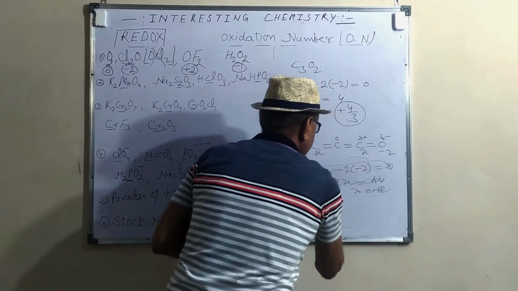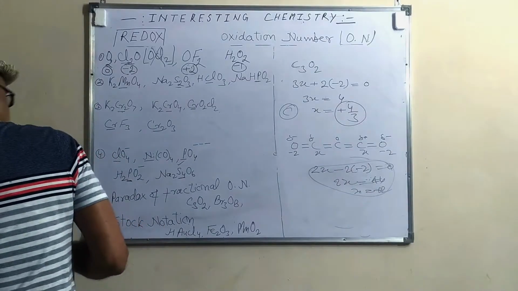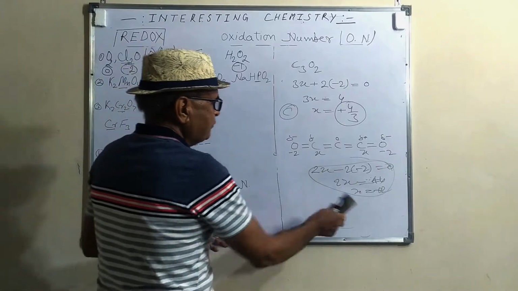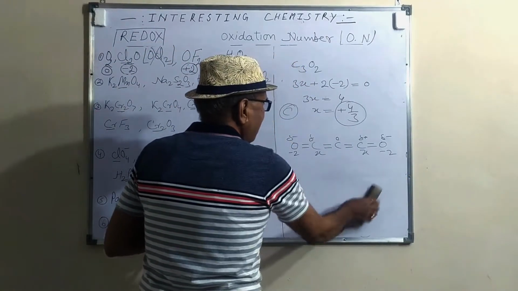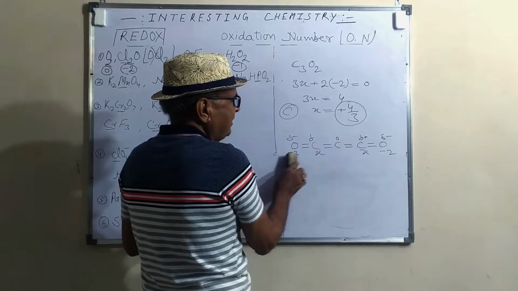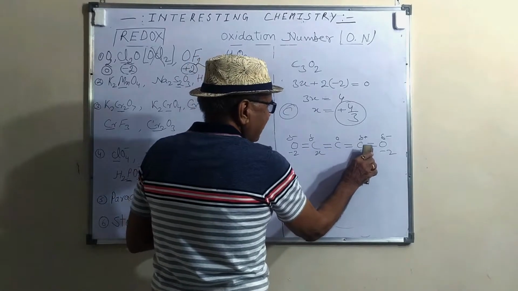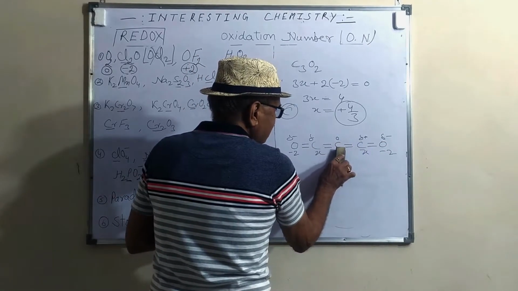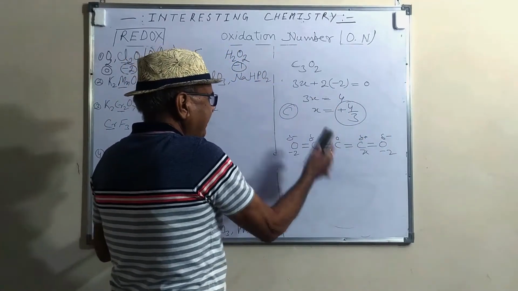So the actual oxidation number of the end carbons is plus 2, and the middle one is 0. So it is the average of the 3 carbon atoms.